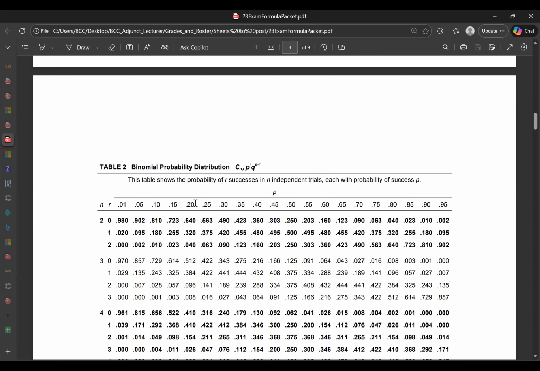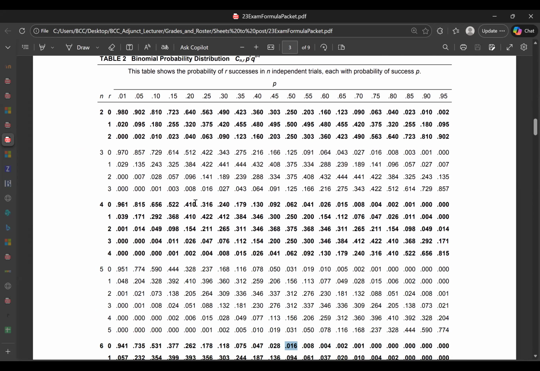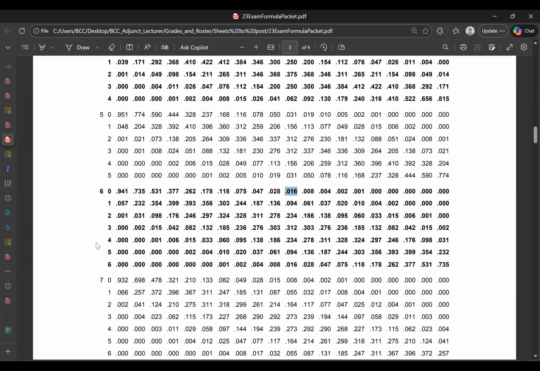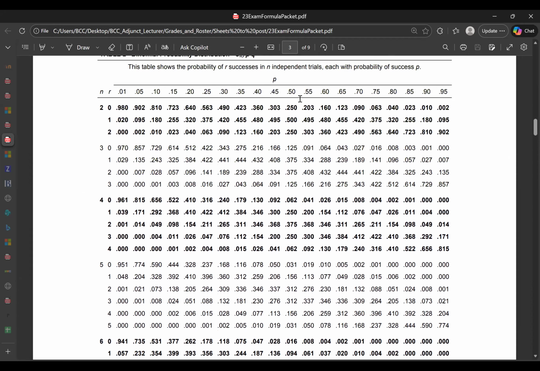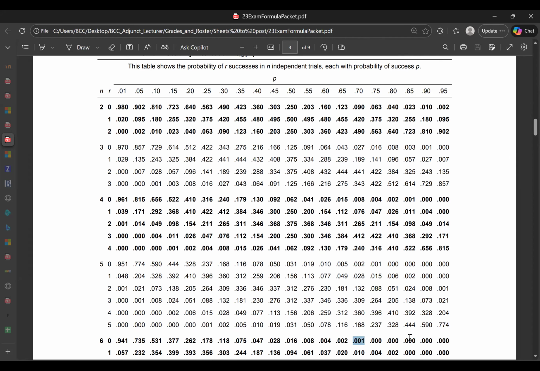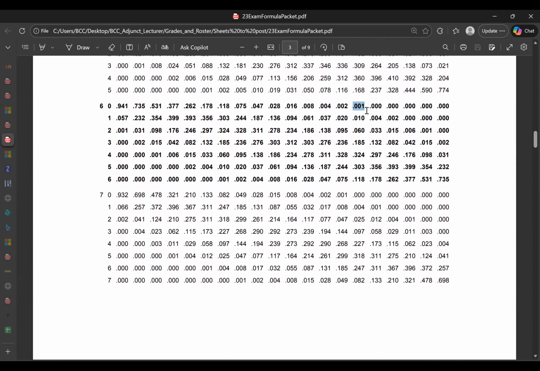But you could use a table and just figure it out, right? So we know our n is 6. So this is 2, 3, 4, 5. There goes 6 right here. Our probability of success is 70, right? So just go down to where the 6 is. This column right here, that's the 70.